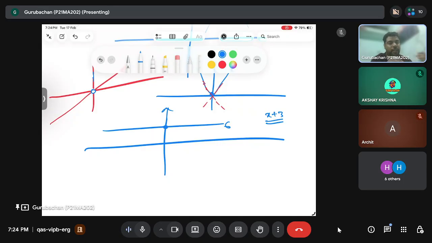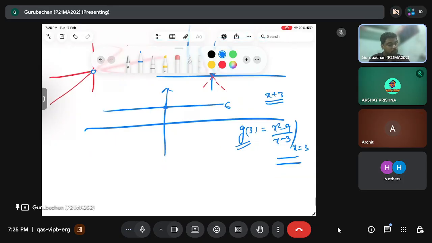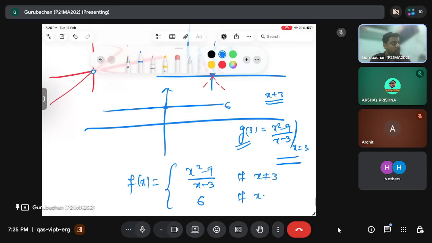Whether you come from the left hand side or the right hand side, but still the function at 3, the earlier function I'm talking about, that is x square minus 9 divided by x minus 3, at x equal to 3, will it be defined? Let me write it: x square minus 9 over x minus 3 if x not equal to 3, and 6 if x equal to 3.